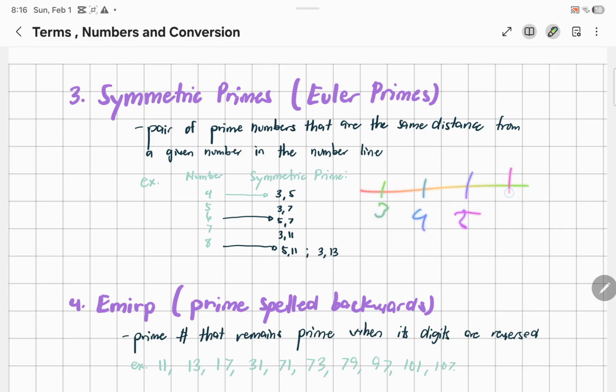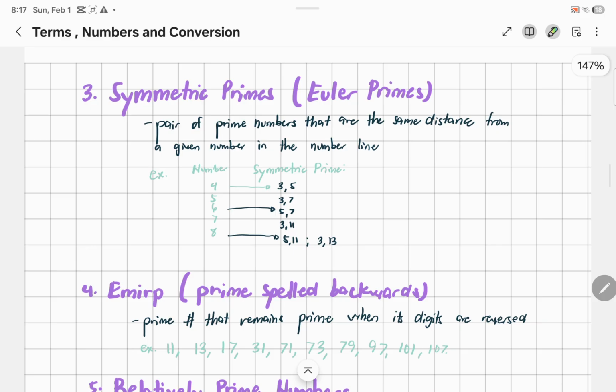So 3 and 7 have the same distance from 5. They have the same distance, therefore they are deemed symmetric primes. And so are 5 and 7. They have the same distance. They're just one step away from 6, both of them. Therefore, they are symmetric primes.